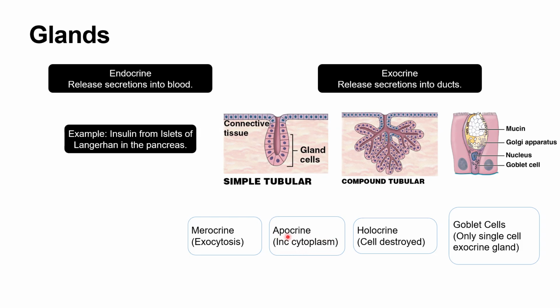So the apocrine glands are going to release their products, their secretions, and all of the cytoplasm, as well as a number of organelles in the cell, into that duct. And then our holocrine glands are the type of exocrine glands that release their products into the ducts by simply lysing themselves. They're going to destroy themselves as a whole in order to release their products.